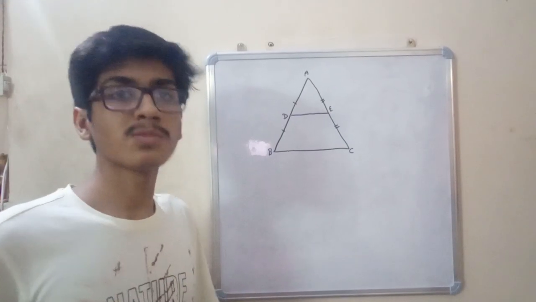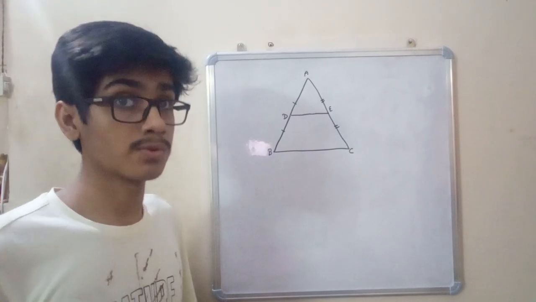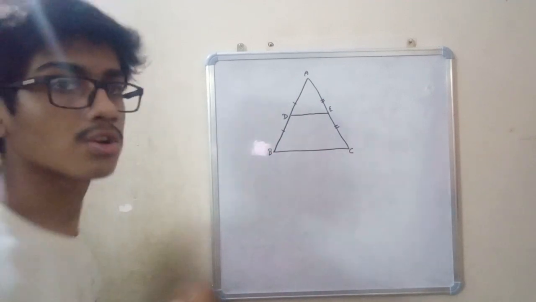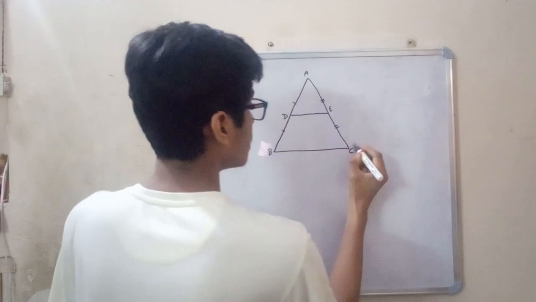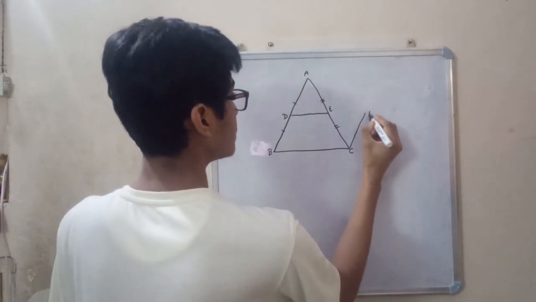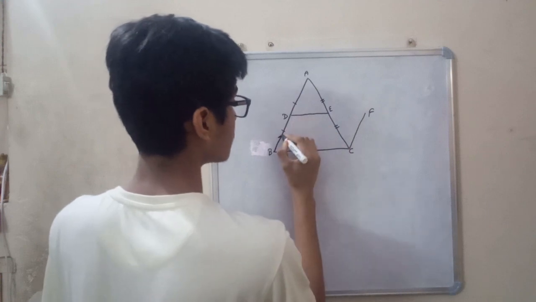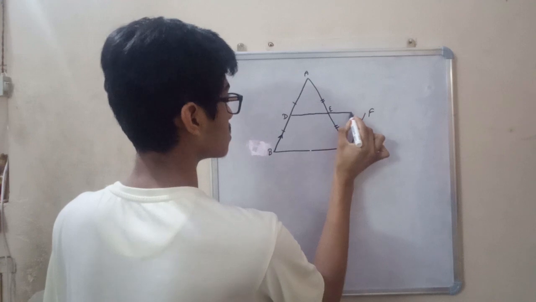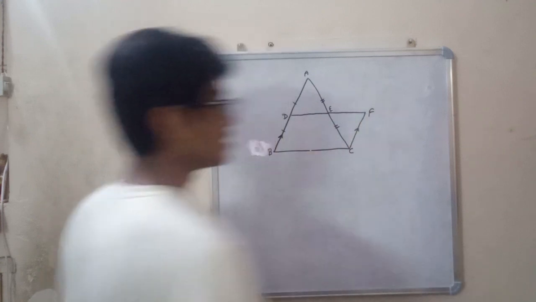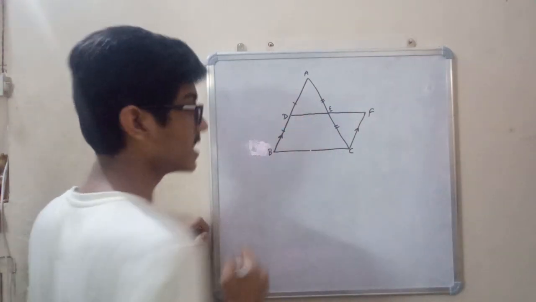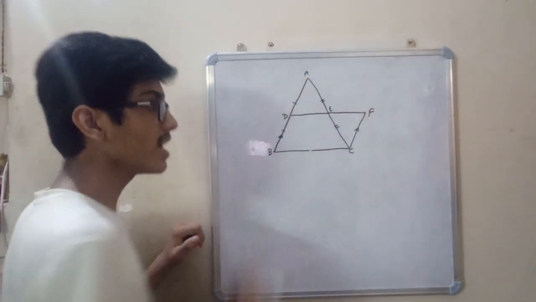Now as we know what the midpoint theorem is, let's talk about its proof. For this proof we have to draw some construction. The construction is, we draw CF parallel to AB, which meets DE produced. Now here CF is parallel to BD as CF is parallel to AB.